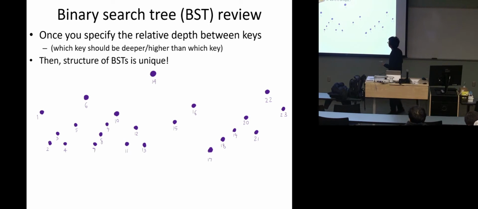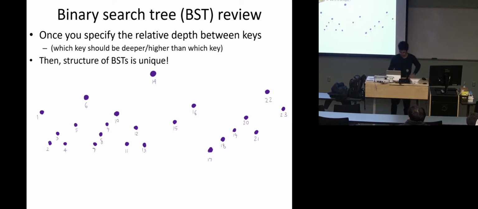What do I mean by that? Here is just a number from 1 up to 23, and I say that I want this guy to be the highest. Then it means that this must be the root, because it should be on the top.